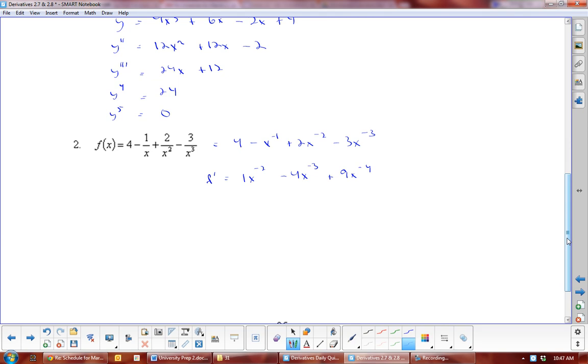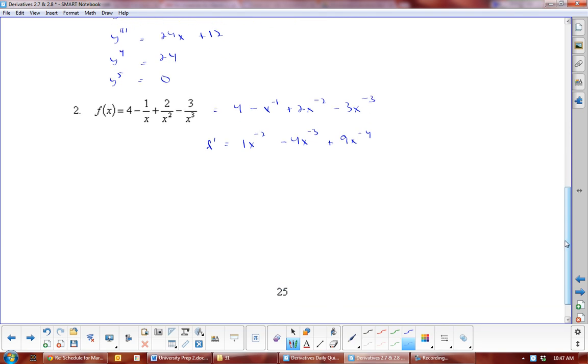For this one, we're just going to find the first three. The second derivative. What's the next one going to be? Negative 2x to the negative 3 plus 12x to the negative 4 minus 36x to the negative 5.